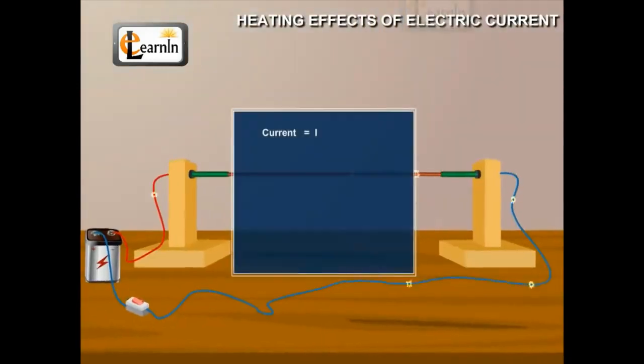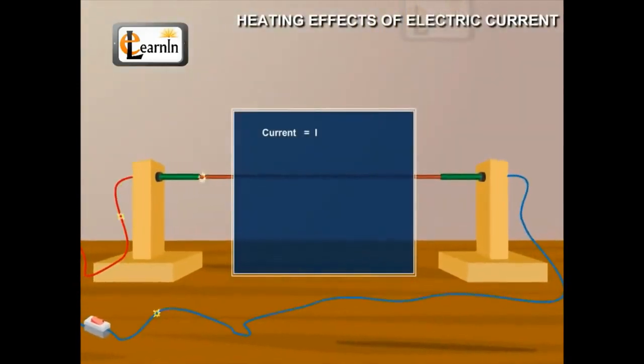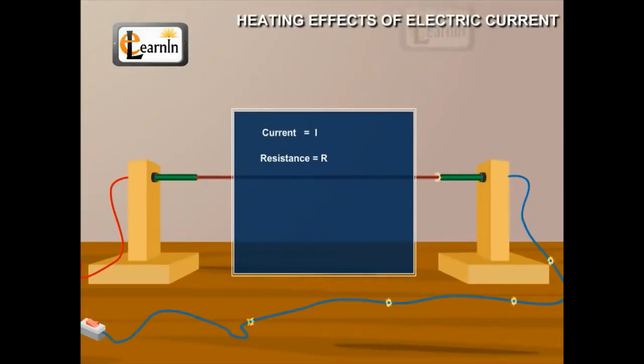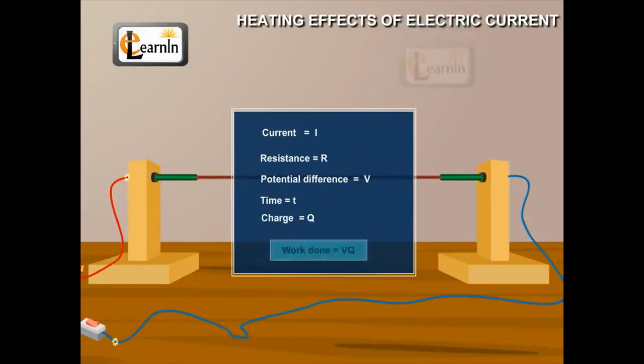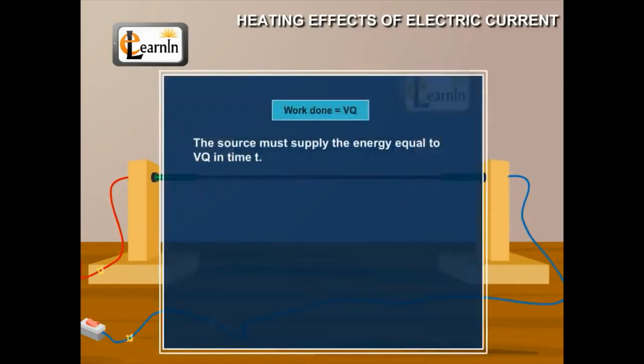Consider a current I flowing through a resistor of resistance R with a potential difference across it V. Let t be the time during which the charge Q flows across. The work done moving the charge Q through a potential difference V is VQ. Therefore, the source must supply energy equal to VQ in time t.